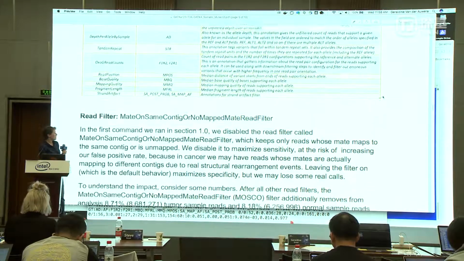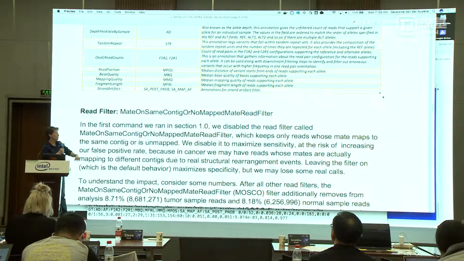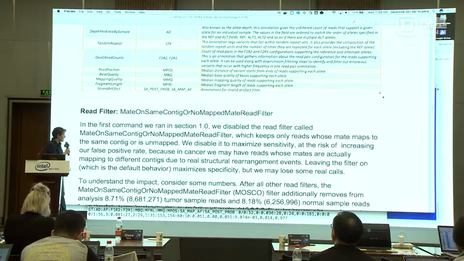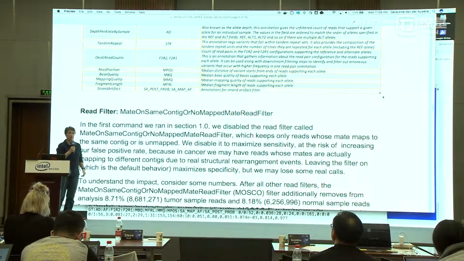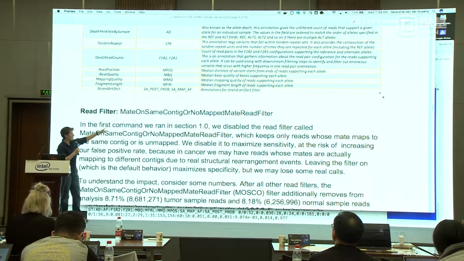At this point, we come to the part where I talk to you about the read filter, the mates on same contig or no mapped mates read filter. Okay, that's a long filter name. Internally we call it the Moscow filter, taking the abbreviated letters: Moscow, for mate on same contig.